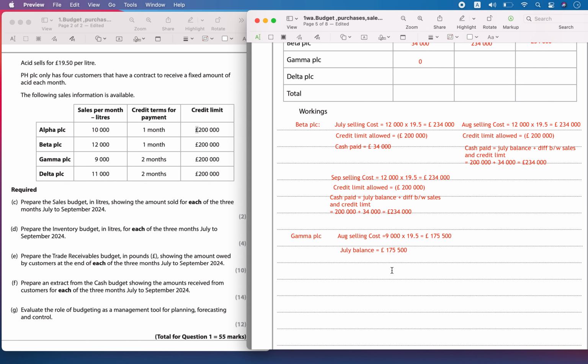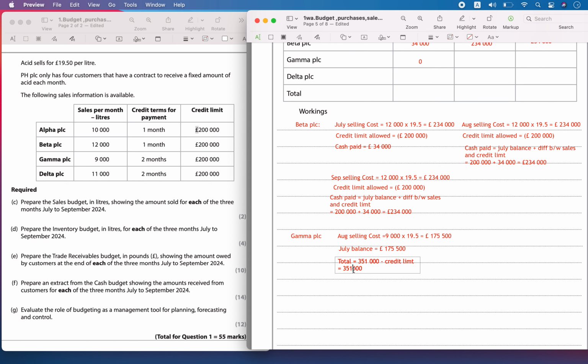They can only have a maximum of 200,000, so the rest they have to settle. So the total is 175,500 plus 175,500, which is equal to 351,000.